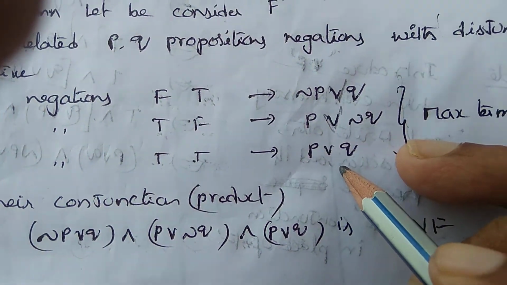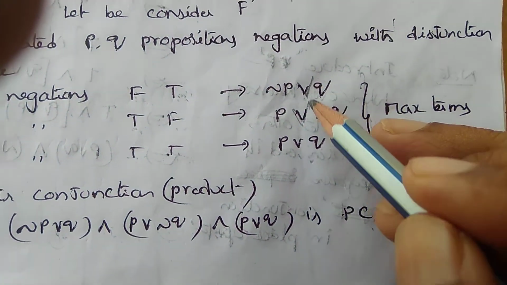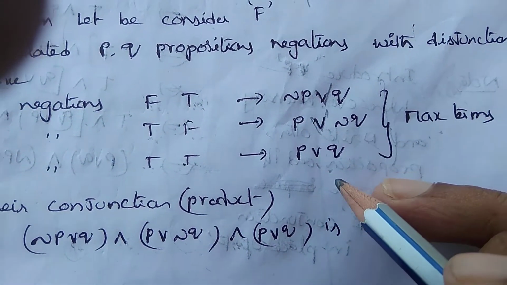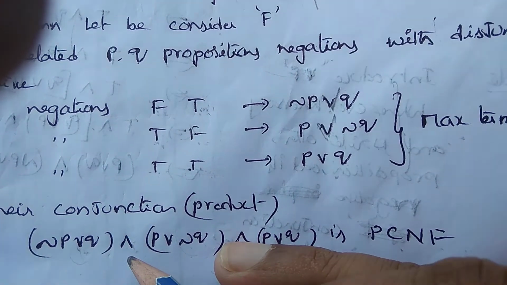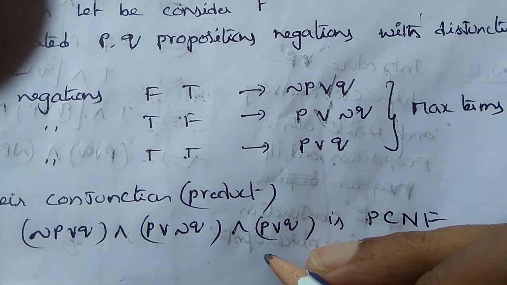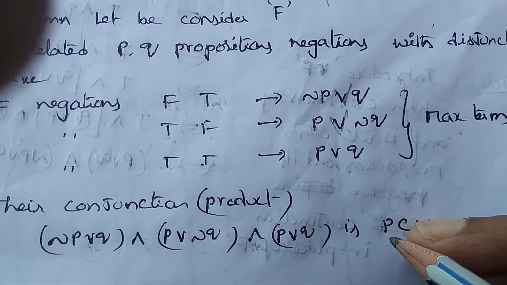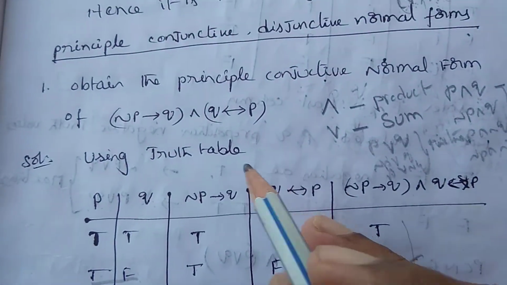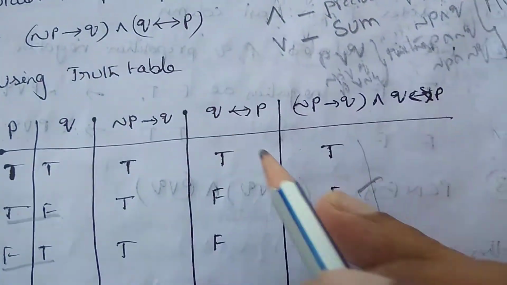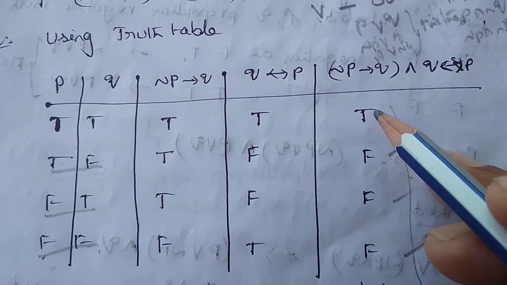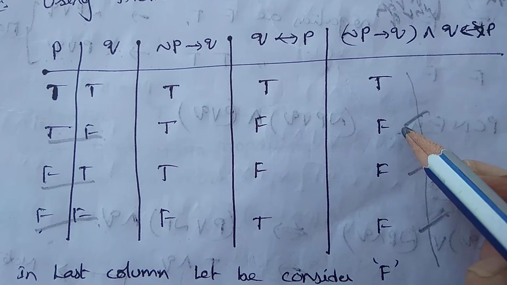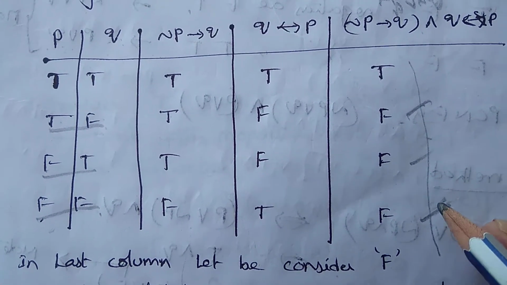For these maxi terms, make brackets, and among the brackets you write the conjunction symbol, that is called PCNF. So it is very simple. So how to find PCNF? For the entire compound proposition, you construct a truth table. In the last column, if you get F values, consider the F values.